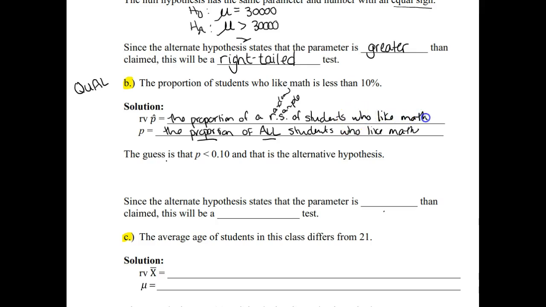And again, we would take some value of p hat to try to get some information about the true value of p. So in the statement up here, somebody is making the claim that that is less than 10%. So that becomes our alternative hypothesis. The null hypothesis is a statement of no change, so it would say that p equals 10%.